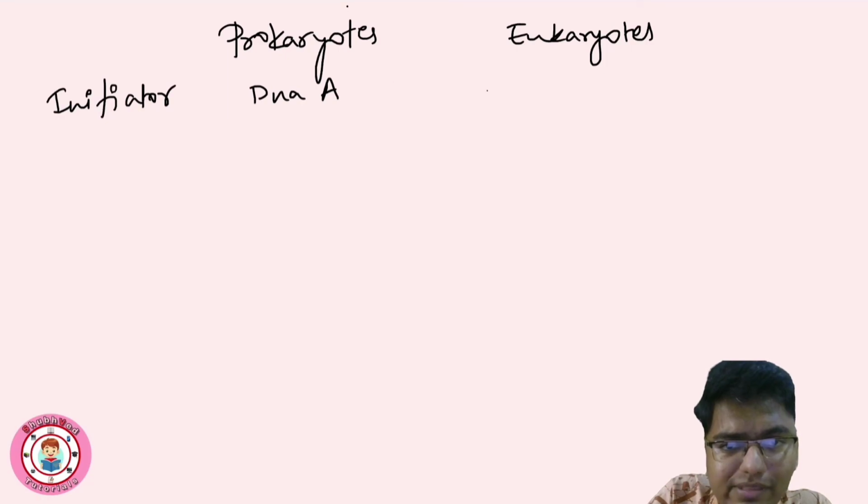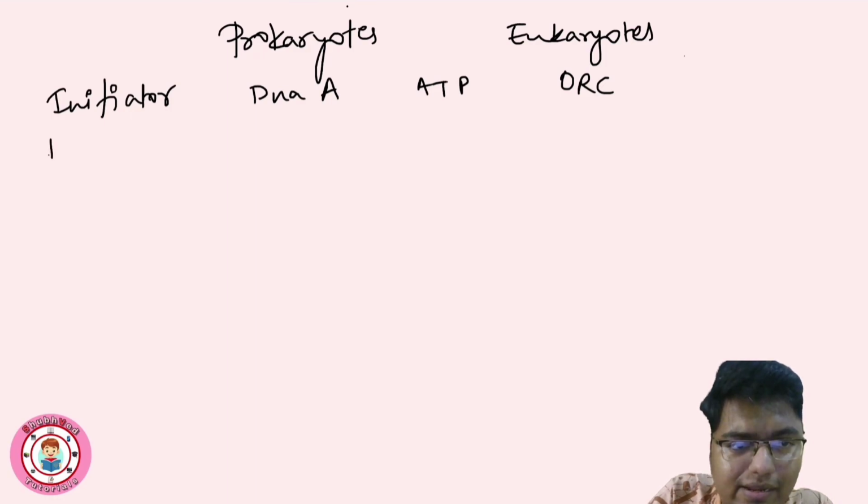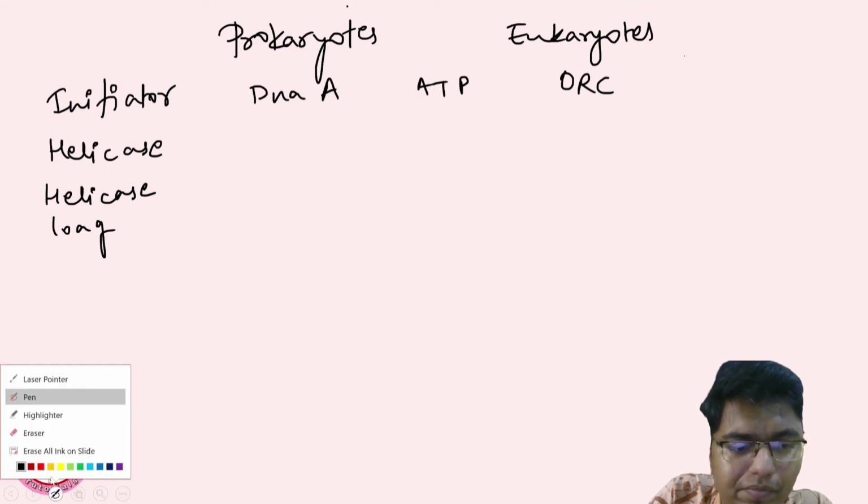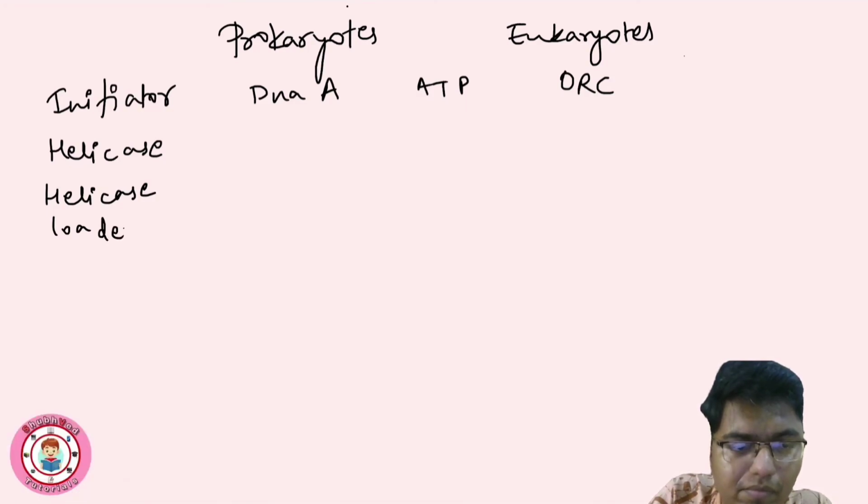This we have to remember, with ATP. ATP is common. ORC is the counterpart in eukaryotes, the initiator protein. Second is the helicase and helicase loader. The loader is known as DnaB and C.